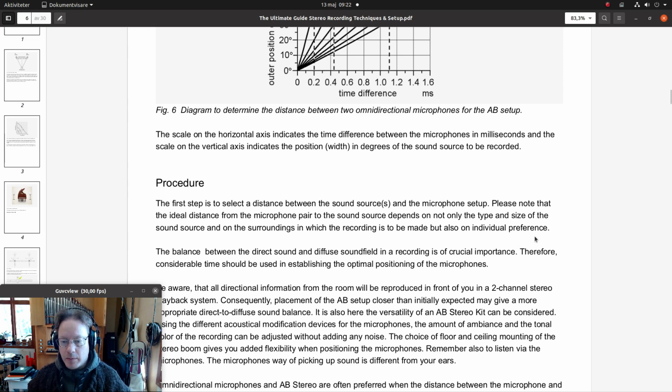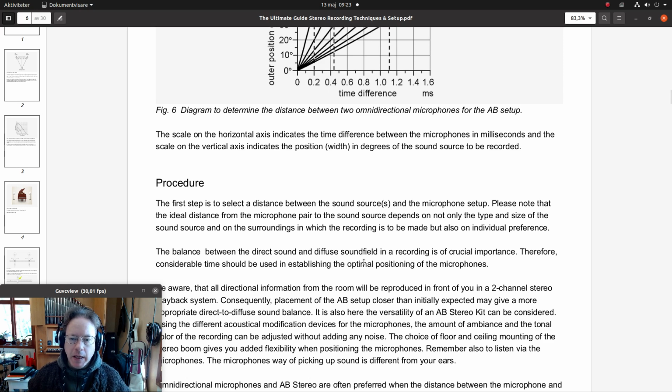Also, individual preference. That is, what do you want to hear? So listen to what the microphones actually pick up when you choose the placement. So if you go closer, then you will have more direct sound, and if you go further away, you will have more reflected sound. So decide what you're going to use.